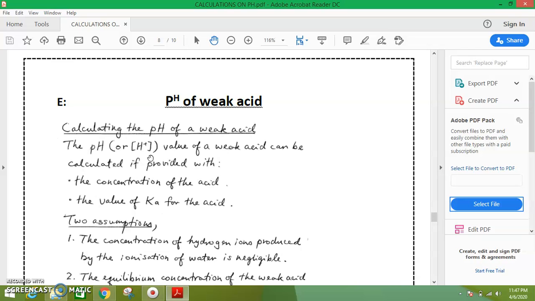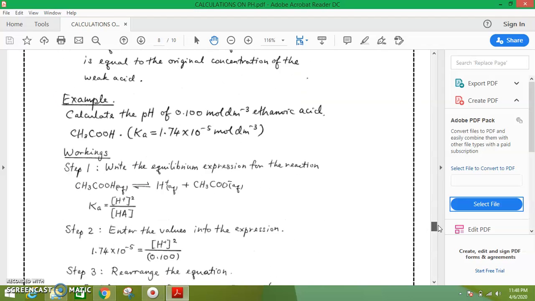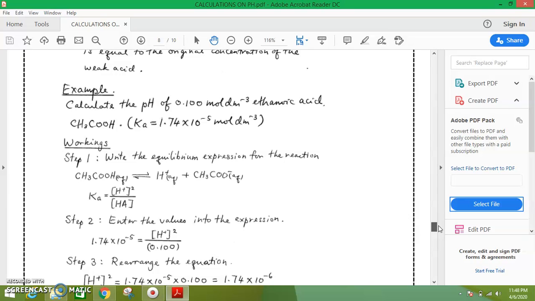First, the pH or hydrogen ion value of a weak acid can be calculated if provided with the concentration of the acid and the value of Ka. It means if these two factors are given, you can calculate easily. Look at the question. First example: calculate the pH of 0.100 mol per dm cubed of ethanoic acid, and the Ka value is given. The concentration and Ka are given to you.